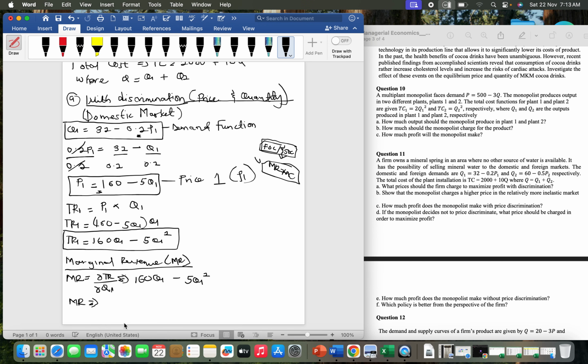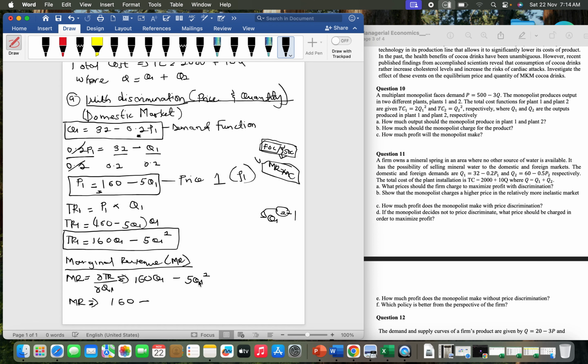So we are finding the derivative of total revenue with respect to Q1. So this is Q1, this is also Q1. So Q1 cancels Q1 out. We are left with 160 minus, in indices, whenever we have an exponent, the exponent comes down and multiplies this, then you subtract 1 from the exponent.